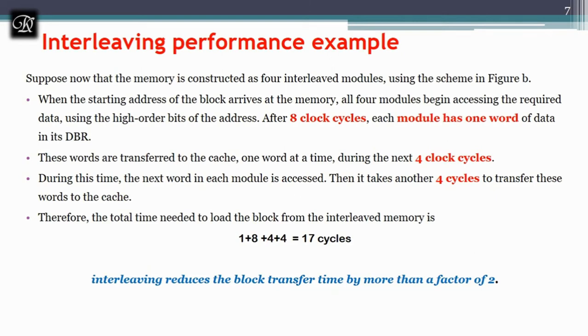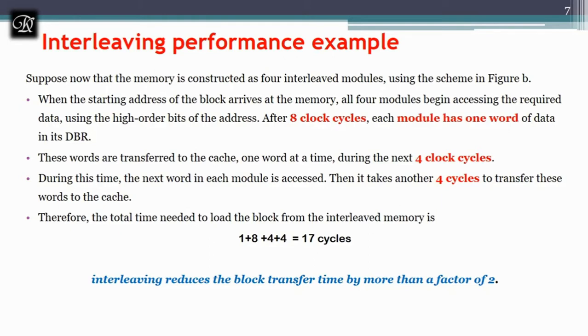After 8 clock cycles, each module has 1 word of data in its data buffer register. These words are transferred to the cache 1 word at a time during the next 4 clock cycles.